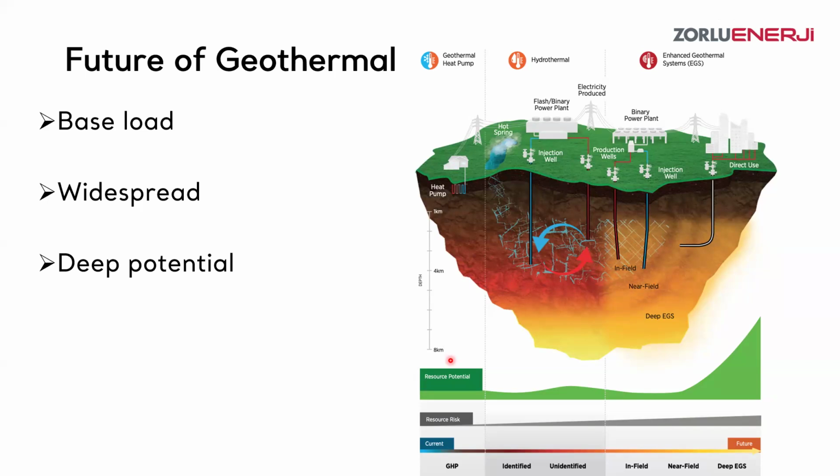And lastly, we have deep potential with EGS and the other applications, meaning that for the deep potential regions, or in general for the deep applications, the electricity generation or the heat created will be much more compared to conventional systems, meaning that the investments on those projects will be much more feasible if we somehow find ways to decrease those uncertainties and decrease the upfront costs related to drilling and exploration activities.